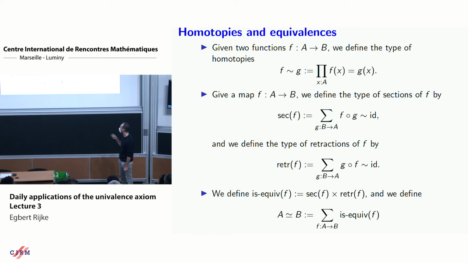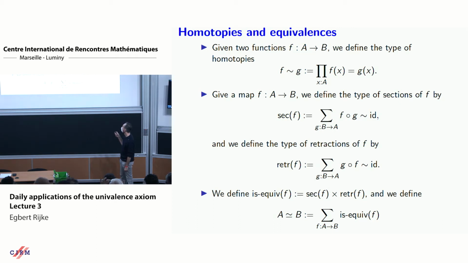So if you look at the definition of being an equivalence, you first define the type of all sections of any map F. That's the type of functions equipped with a homotopy like that. And you define the type of retractions of F, the type of functions from B to A with homotopies like this.